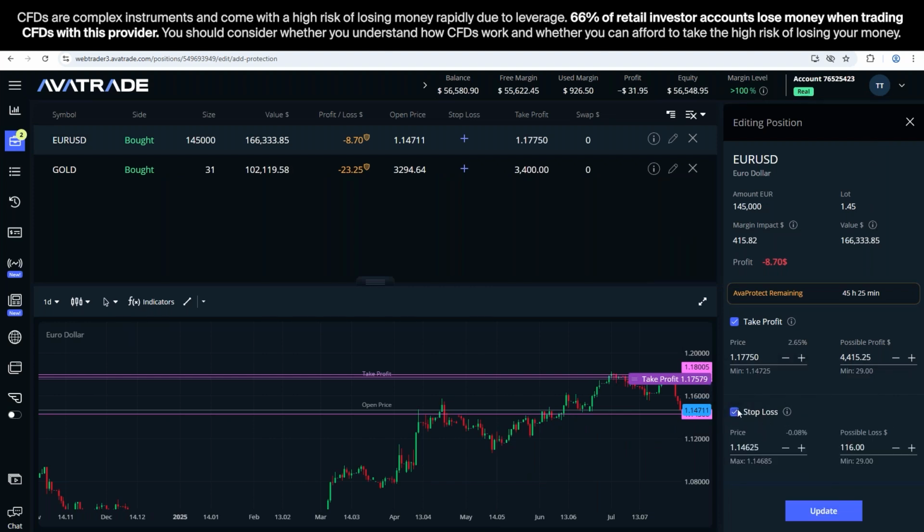Okay, when would I do that? When my protection time is almost over, right? I still have 45 hours and 25 minutes of protection from AvaProtect. So I don't need a stop loss yet. I don't want to put a stop loss, have it hit my stop loss when I have protection, then it goes up the right way, and I think, well, why did I put a stop loss?